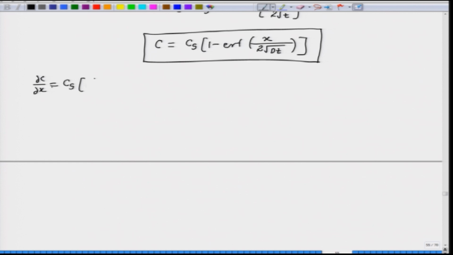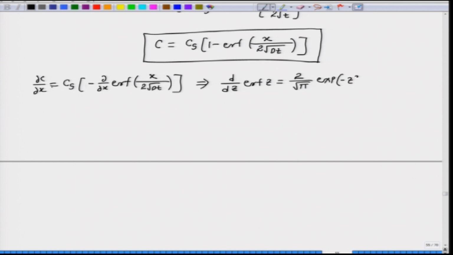So, dou C s by dou x is 0 minus dou by dou x of error function x over 2 root dt, and we know the derivative of error function. What is it? D by dz of error function z is equal to 2 over root pi exponential minus z square.